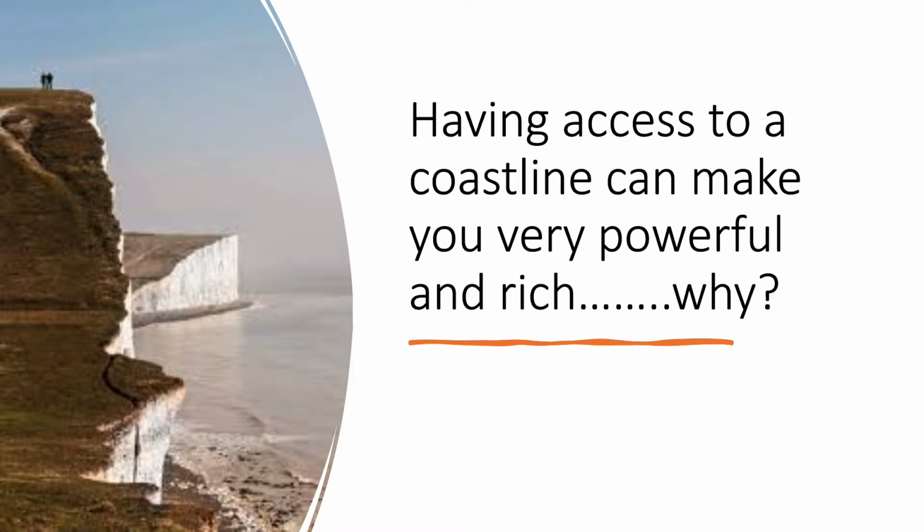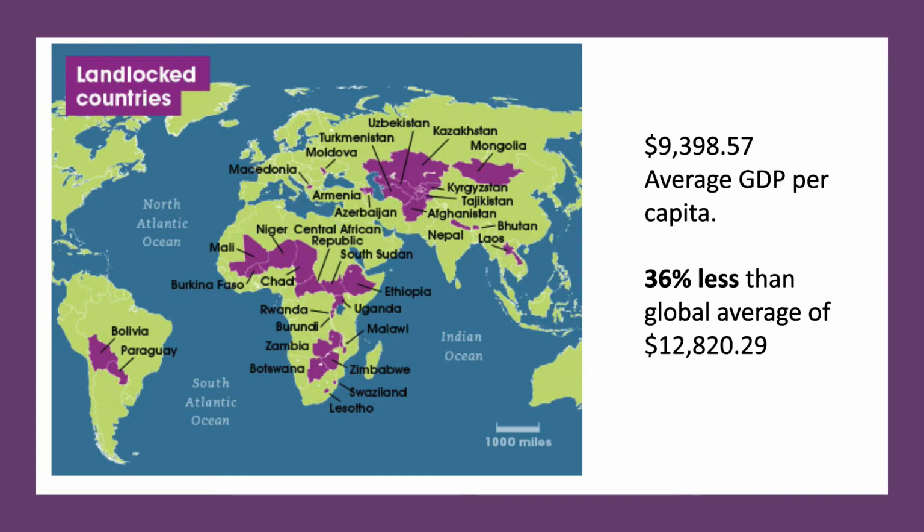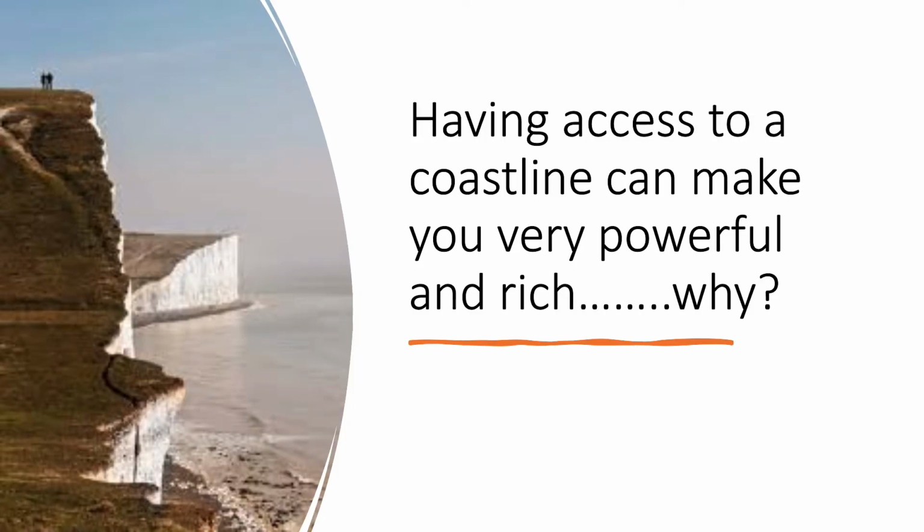It comes down to absolute potluck what resources you might have in your 200-mile section. But if you don't have a coastline, you don't have an EEZ. You don't have that extra 200 miles of resources. So even without thinking about it too much, it becomes pretty obvious that having access to a coastline is a pretty lucky thing.